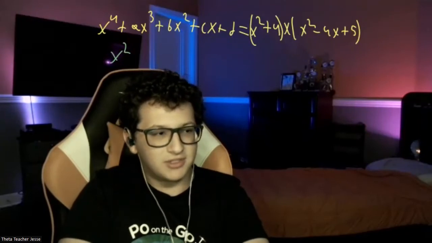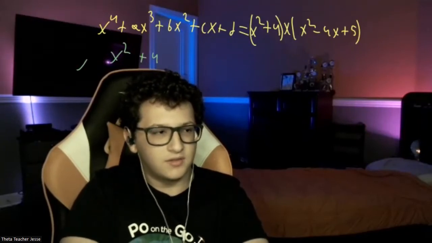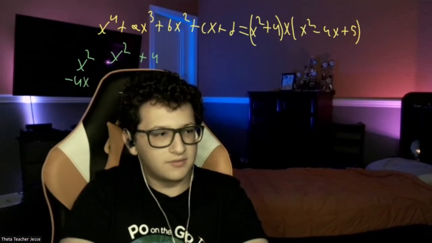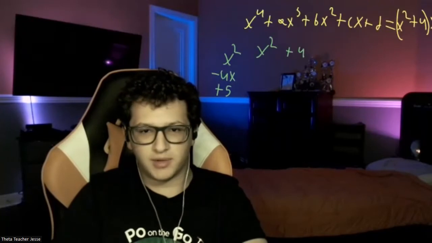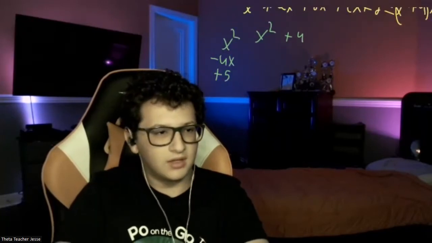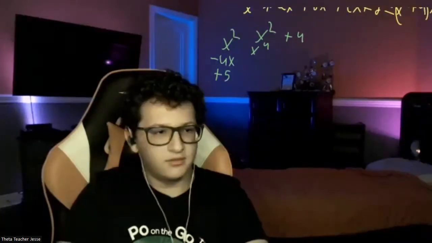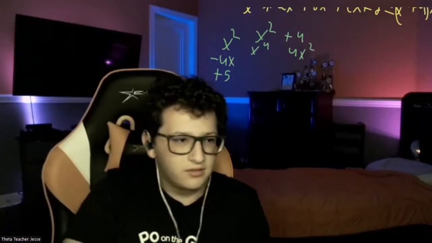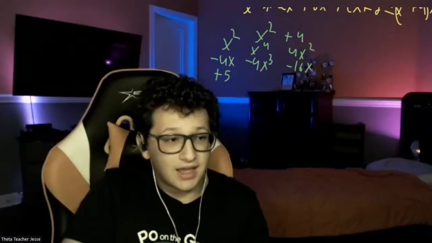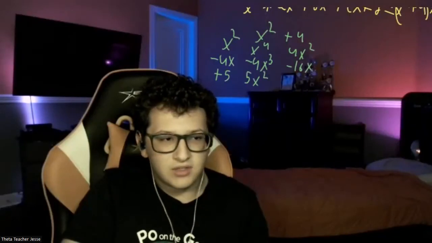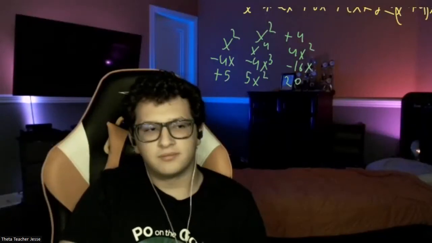Okay, but our last step is just to multiply again. So x squared minus 4x plus 5. Let me move it so I'm not writing over myself. And here we go. X to the 4th, 4x squared, negative 4x cubed, negative 16x, 5x squared, and 20.